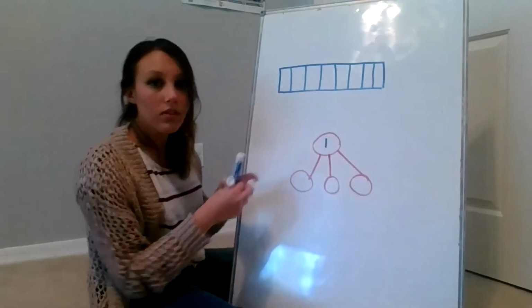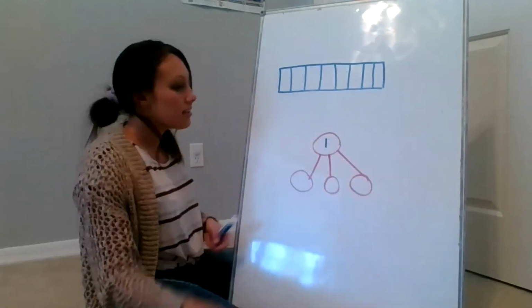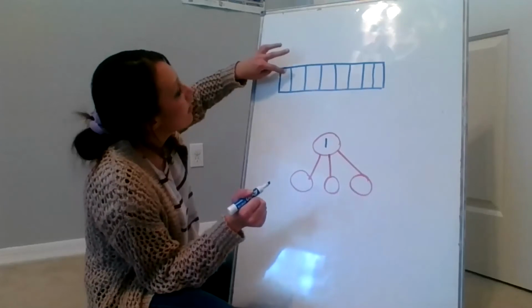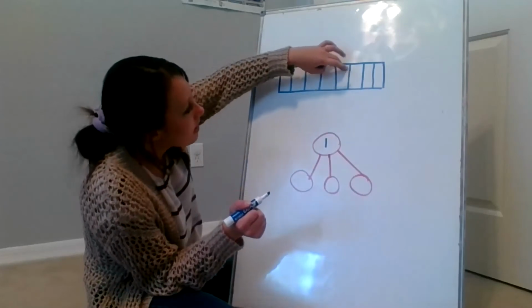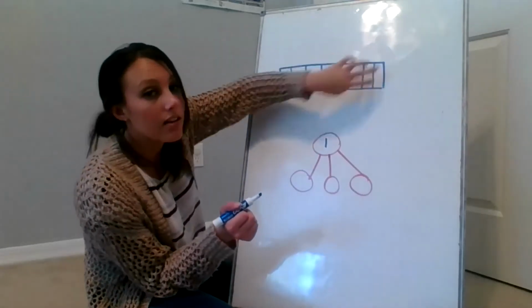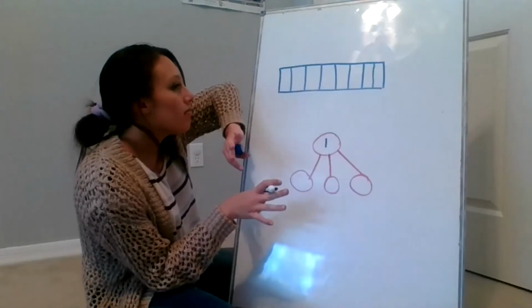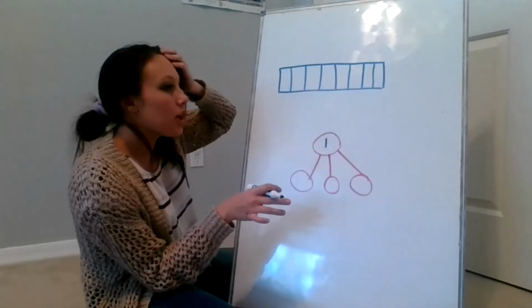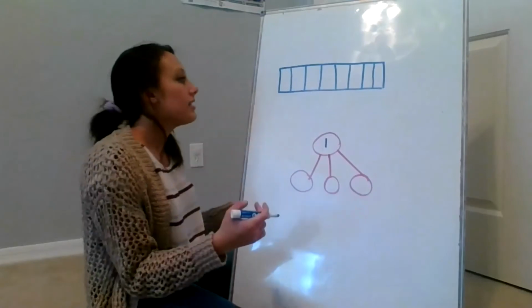Okay. So what we're going to do is say, if I have an 8th, an 8th, an 8th, an 8th, an 8th, an 8th, an 8th, and another 8th, how can I divide this up so I have 3 things that I'm adding together?